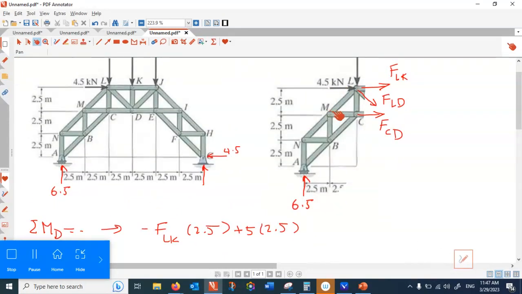And 4.5 makes a negative rotation. And finally, 6.5 makes a negative rotation, and that is 7.5.